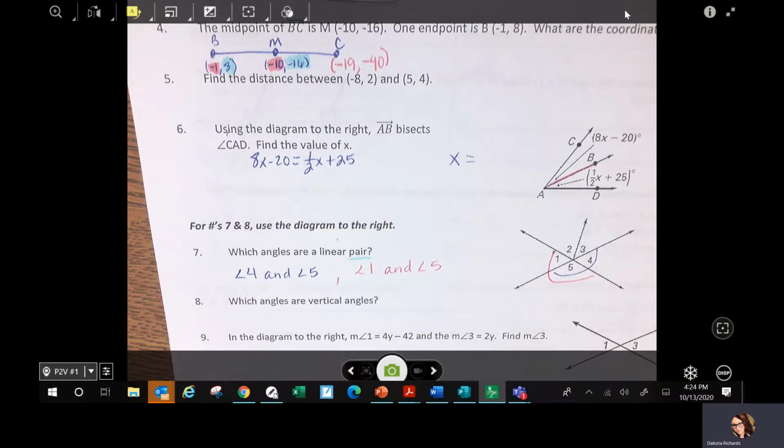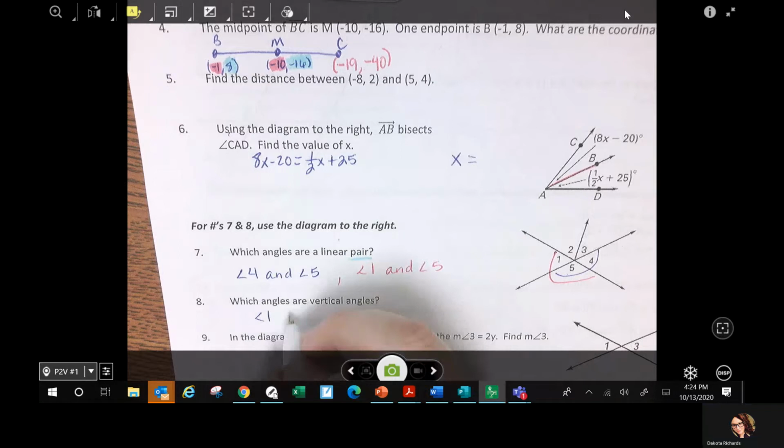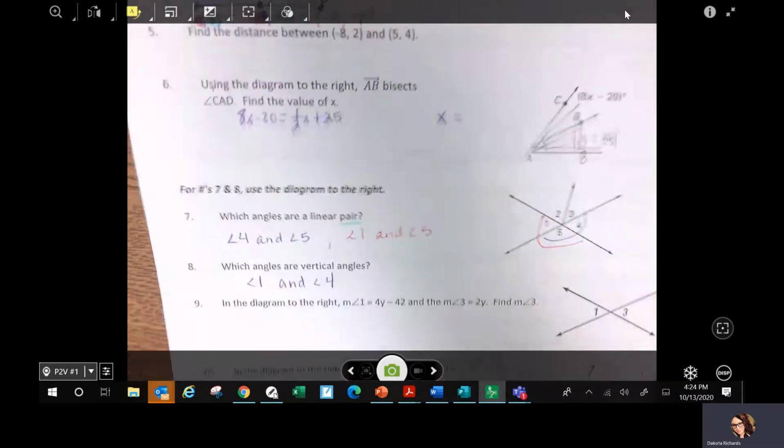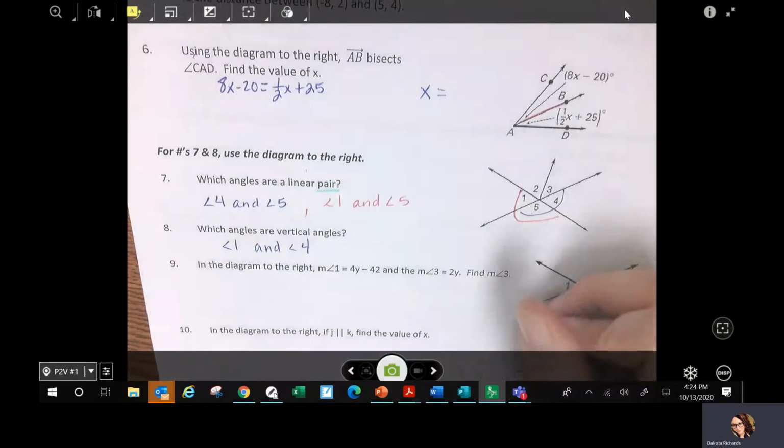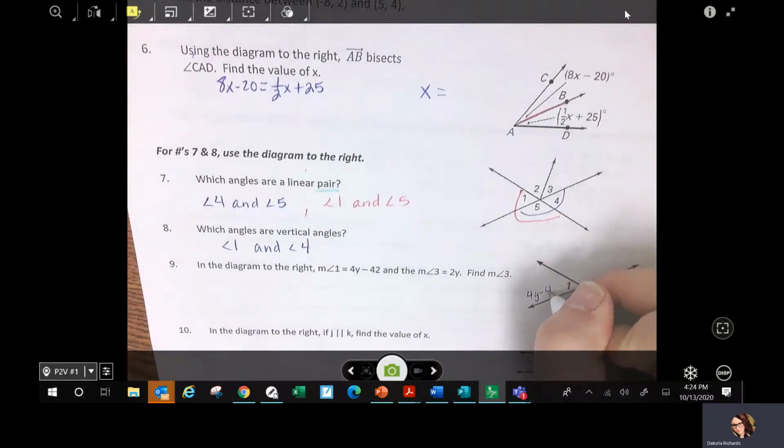Okay. Number 8, which are vertical angles? You would have angle 1 and angle 4. Those are vertical angles. Using what you know about vertical angles for number 9, it says in the diagram to the right, the measure of angle 1 is 4y minus 42.